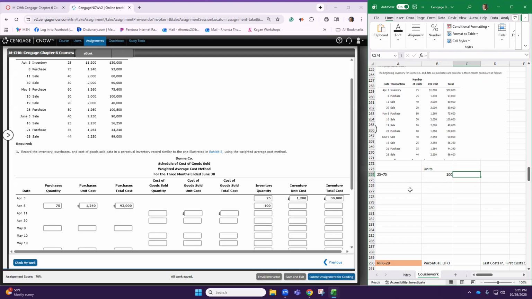We've got to be able to add 30,000 plus 93,000. And these are going to be dollars. I want to make sure they get labeled that way because that helps your brain figure things out. All right, and then here comes the total. We'll do the total here, and then we'll get an average cost for this group.